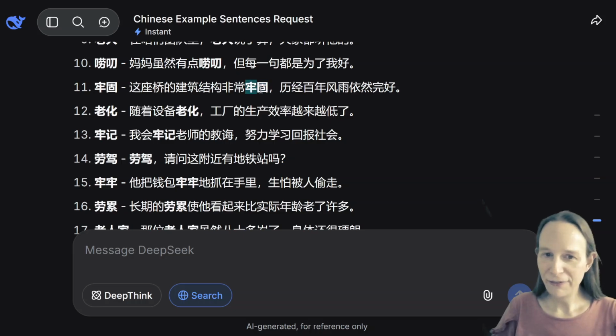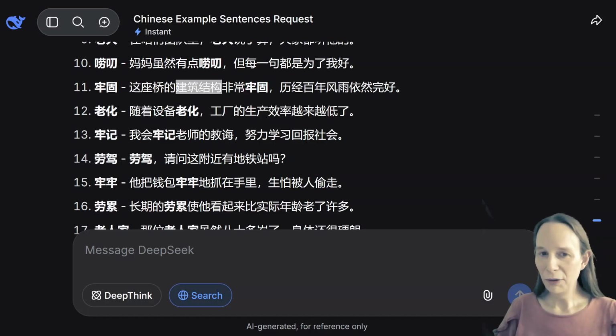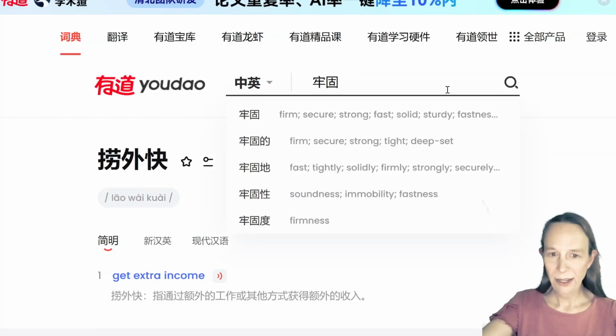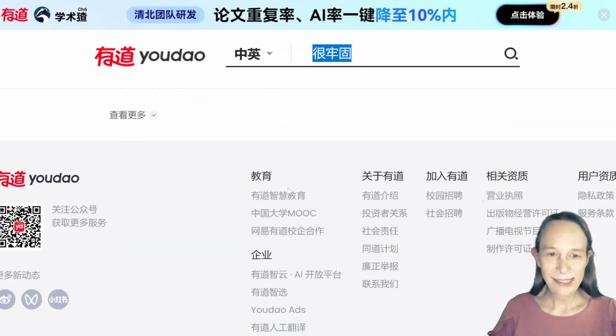Okay, so it's referring to a physical item like the 建筑结构 the structure. It's structurally solid. 历经百年风雨依然完好. Yeah, 牢固. What things can be 牢固? I'm going to put 很牢固. What is 很牢固?